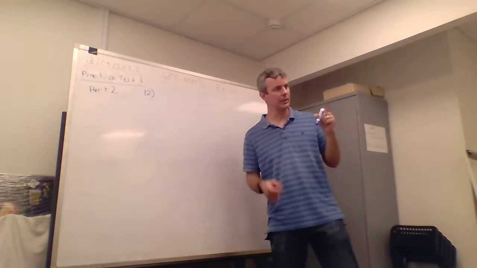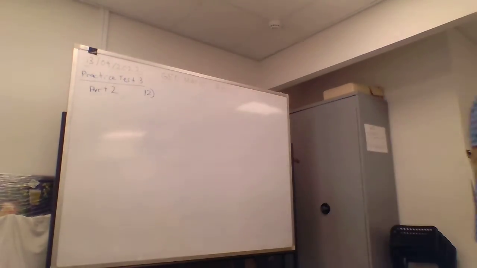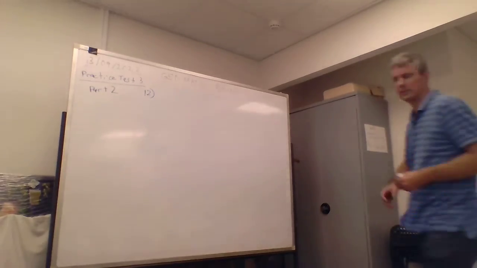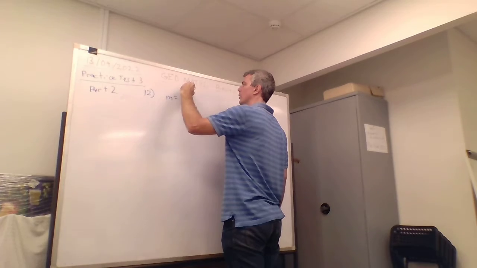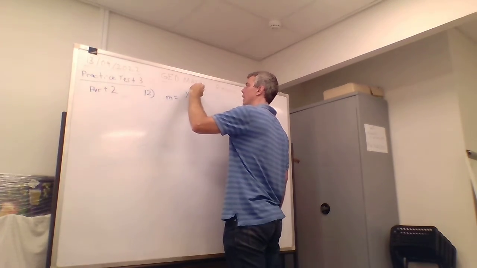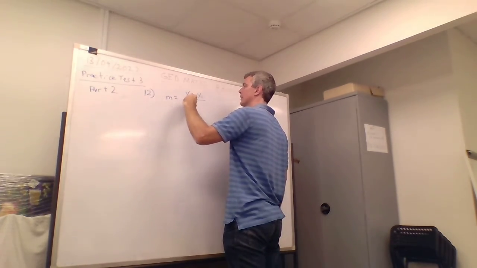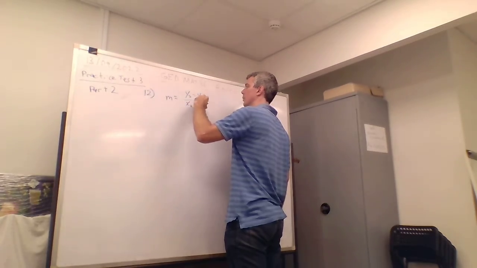Does your formula sheet have the formula for slope? It does. Slope of a line. So m equals y2 minus y1 over x2 minus x1.